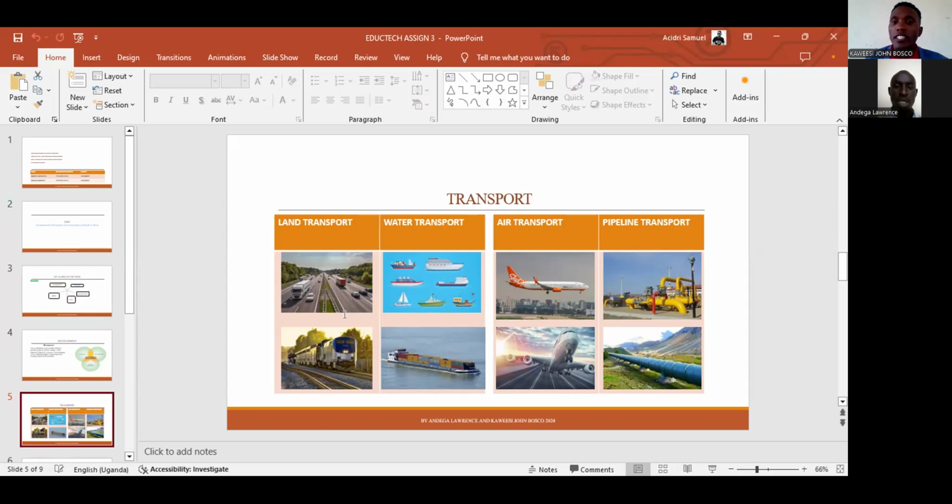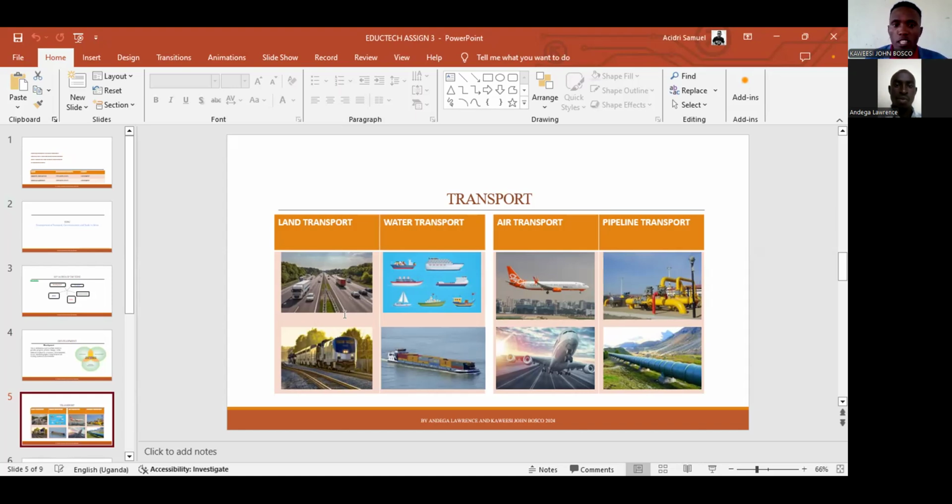Okay, so those are types of transport: land, water, air, and pipeline transport. Those are the 4 major types of transport, though we have other minor types of transport. But our emphasis today, we shall explore the major ones, as you are seeing on the screen.